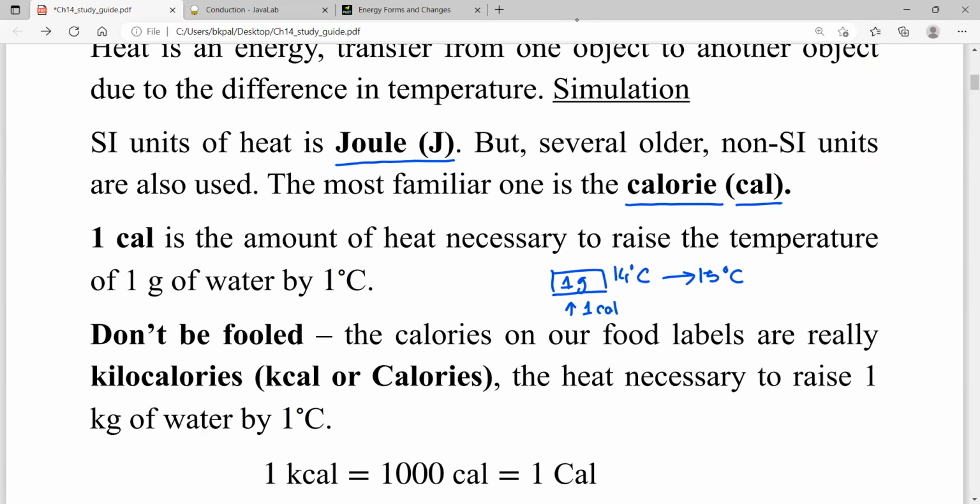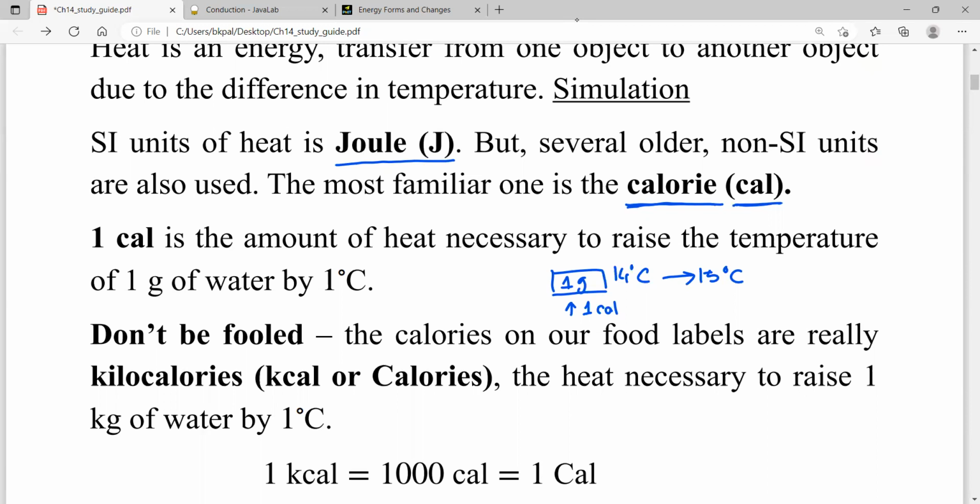Now you probably see the calorie on food packets, right? Or in a nutrition class if you have taken one. That food calorie and our calorie are different, although they are connected. They are two different things.